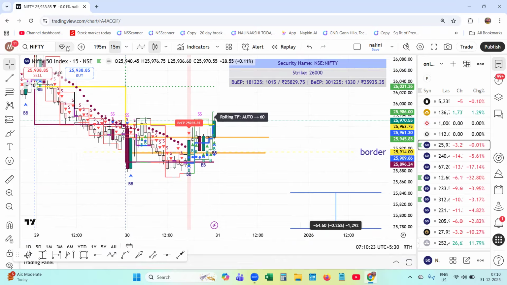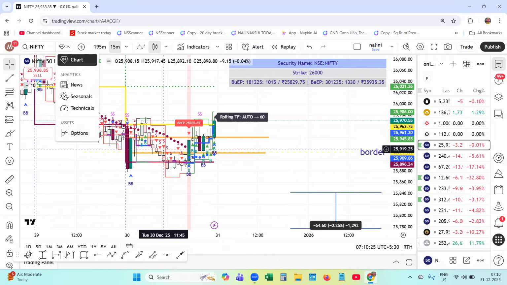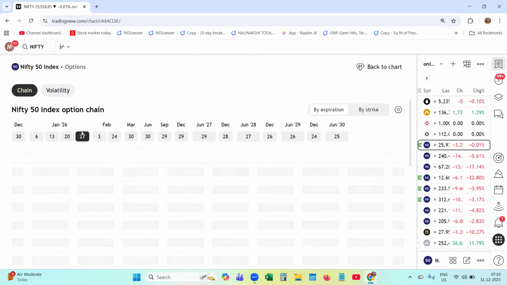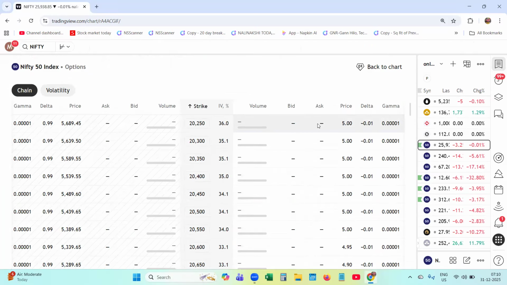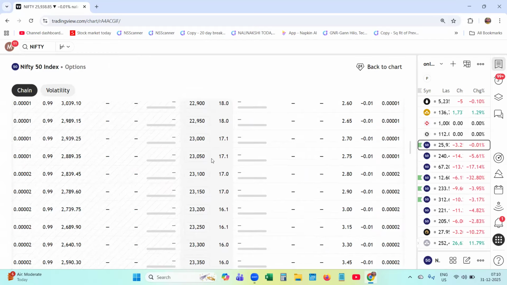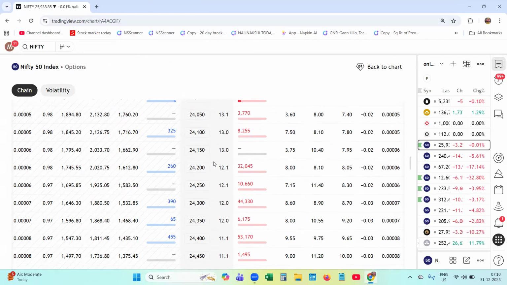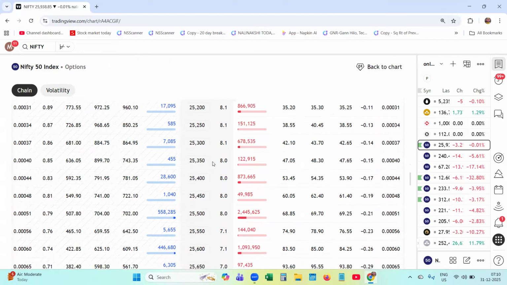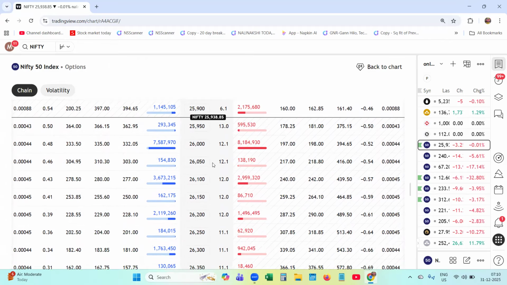And I don't know whether they have provided any options. You can add options. Let me check. This is the gamma, delta, and you can go for gamma, delta, that is gamma. If I go there, you will get the delta chain.